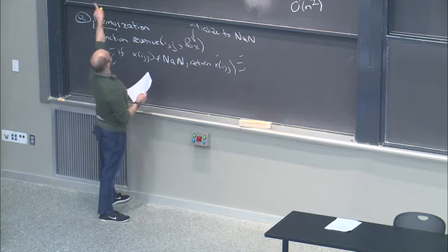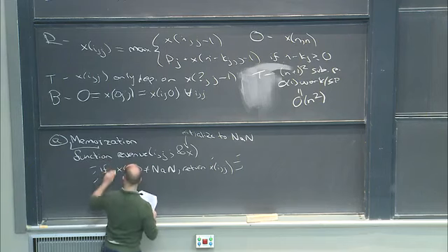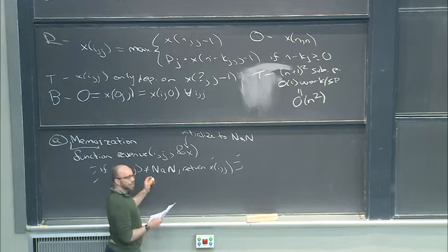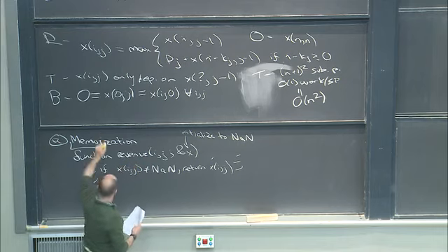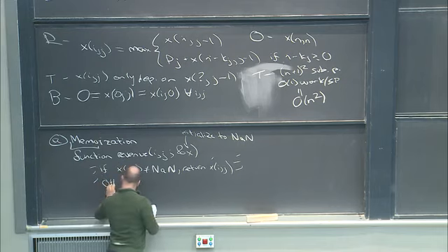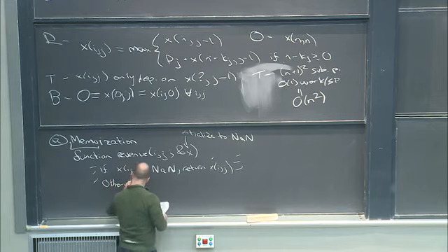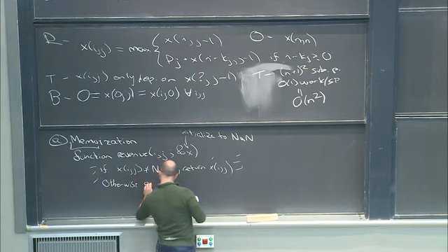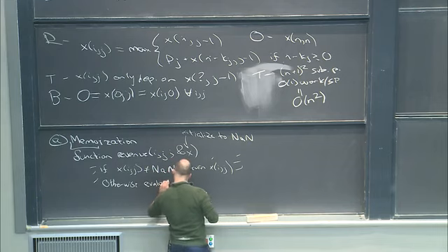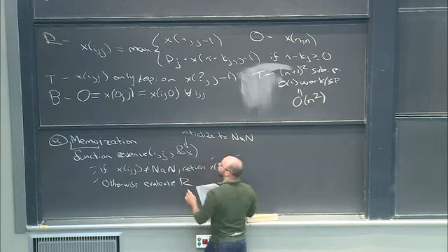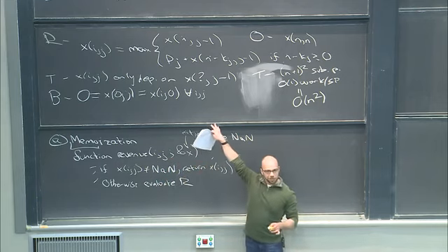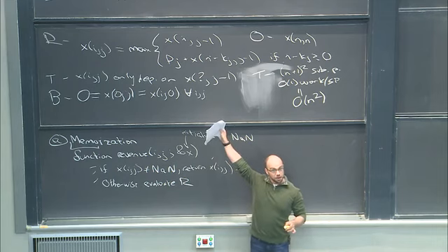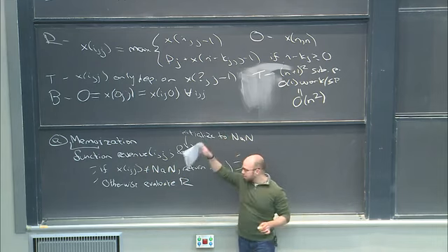Well, otherwise, do I want to write it all down? I don't want to write it all down. So otherwise, I'm going to evaluate R, where R is this formula over here. Notice that this will require recursive calls, right?